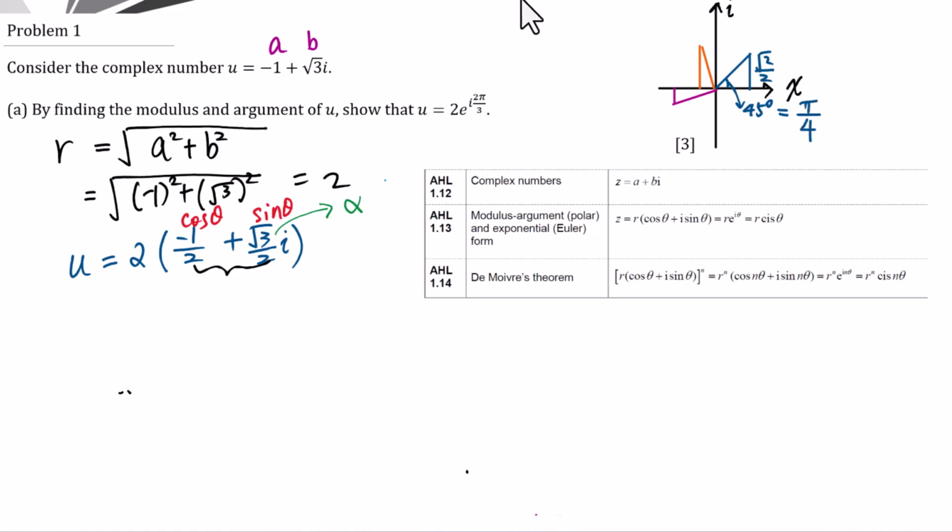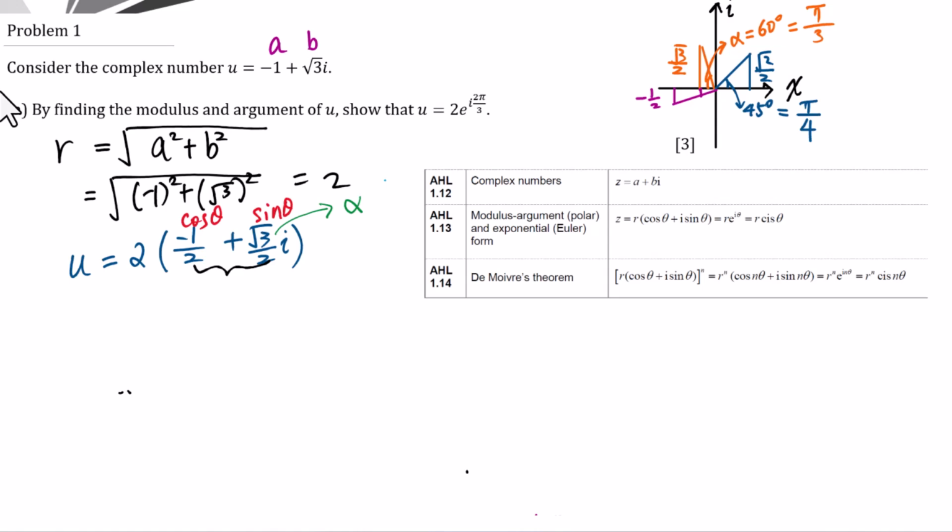If the opposite side is square root of 3 over 2, then the reference angle alpha equals 60 degrees, which is pi over 3.